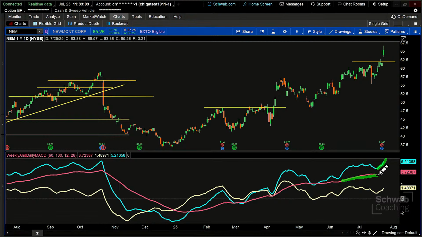So I've got longer term trend moving higher, longer term momentum moving higher. I've got the combination of short term and longer term momentum moving higher. That's number one. And then number three is the daily moving average convergence or MACD line. That's number three, also moving higher.